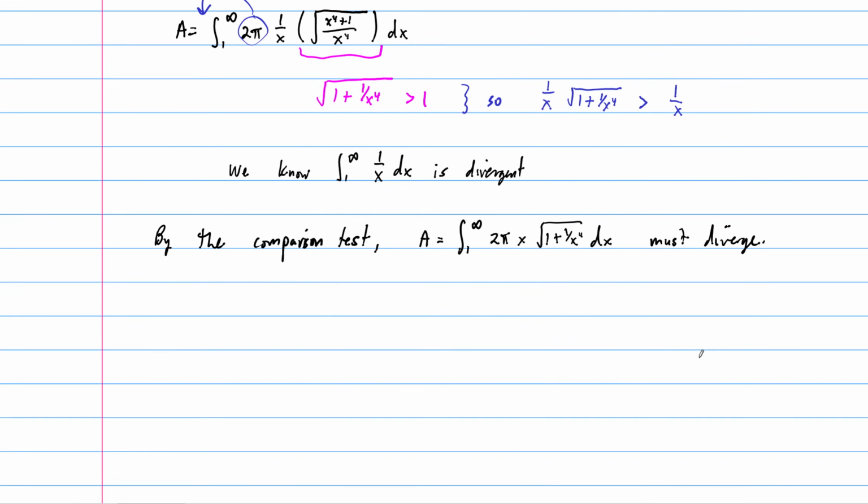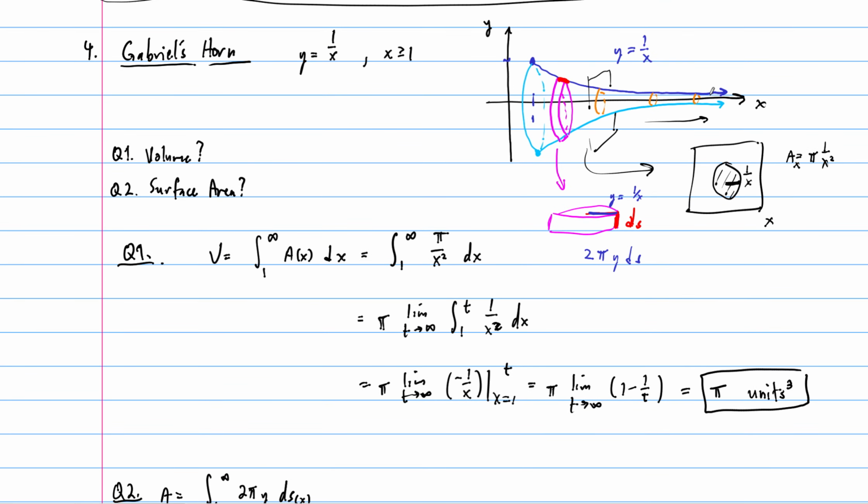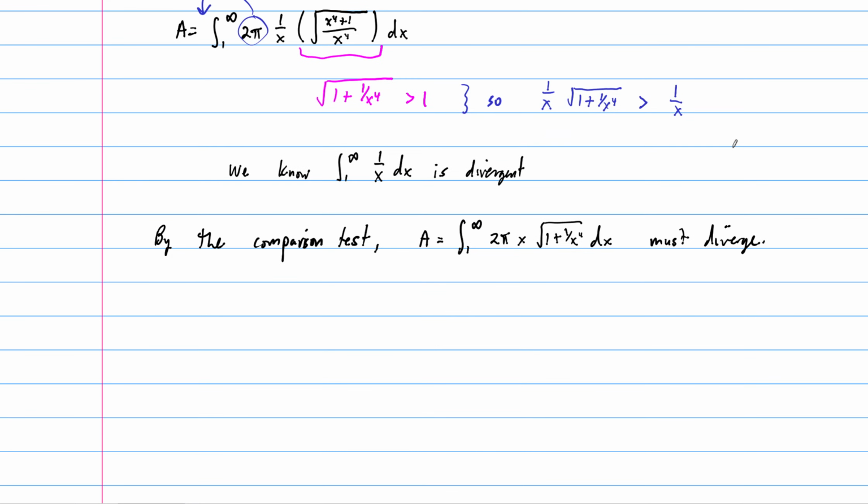And so the way that you can interpret this is what? Well, that means that the surface area of this Gabriel's horn is somehow infinite. And so thus Gabriel's horn has finite volume. We computed this. Finite volume. We found that it was pi units cubed.